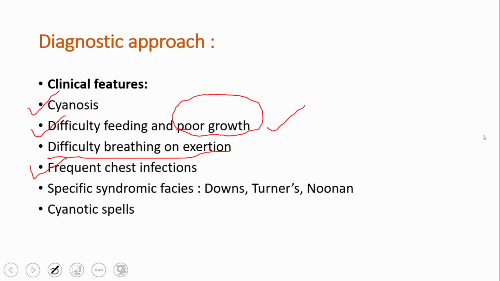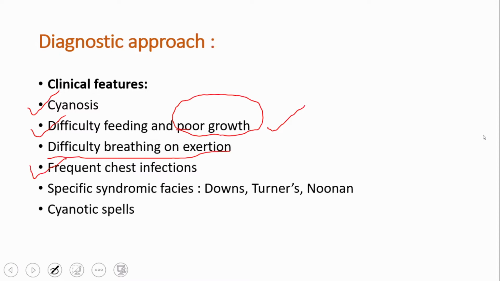When the lungs are receiving lots of blood, the baby will have pulmonary edema features and can have frequent chest infections. In normal babies bronchiolitis is less severe, but in congenital heart disease babies bronchiolitis will have a more severe presentation. They will have repeated pneumonias and repeated bronchiolitis because of increased pulmonary blood flow.